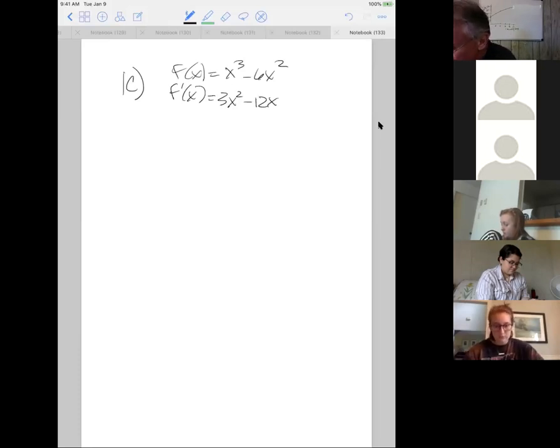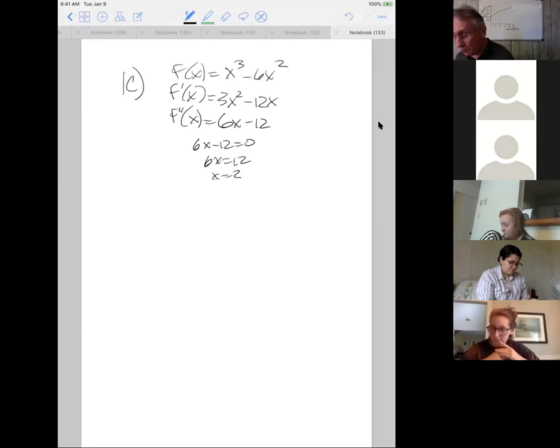If you can pick a number and plug it into the second derivative, I get 6x minus 12. While we're here, let's set that equal to 0. That's 6x equals 12, x equals 2. That's going to be the x coordinate for our point of inflection.